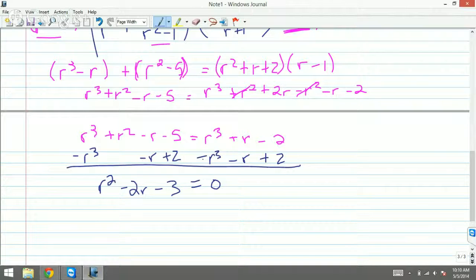R minus 3, plus 1. Yep. The other option would be completing the square or the quadratic formula, right? This is the easy way. If you can factor, factor. Now what's R equal to? 3 and -1. Right.